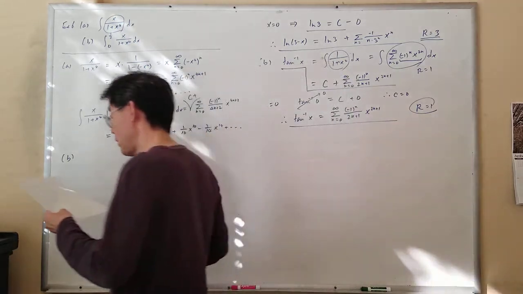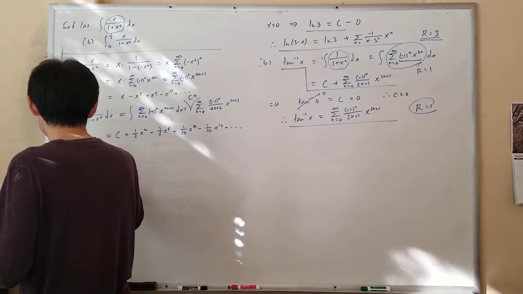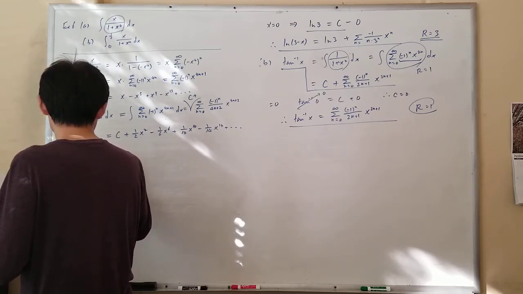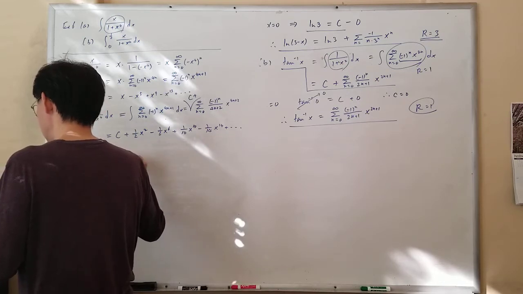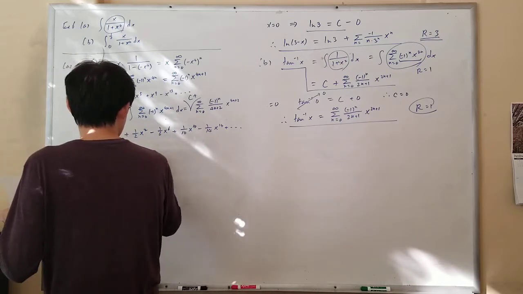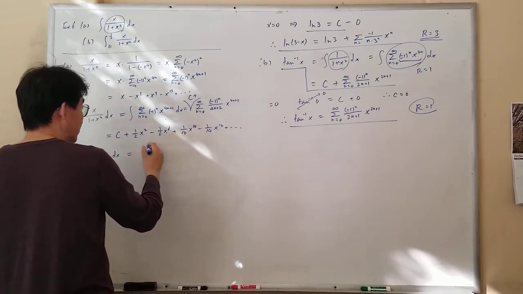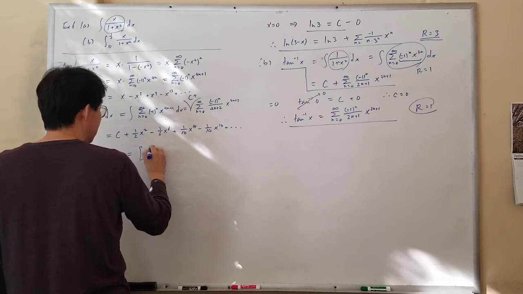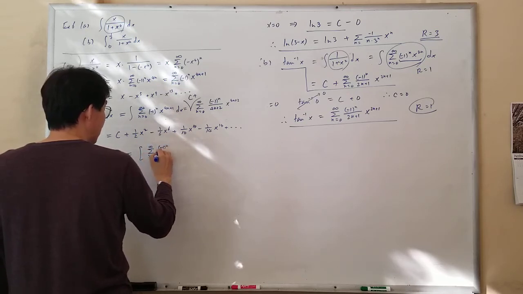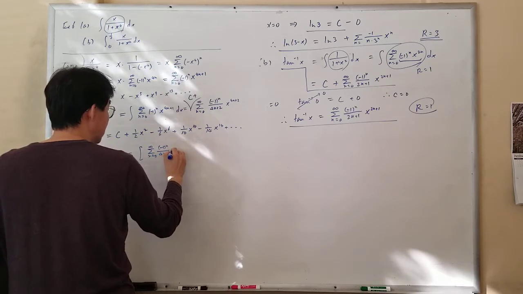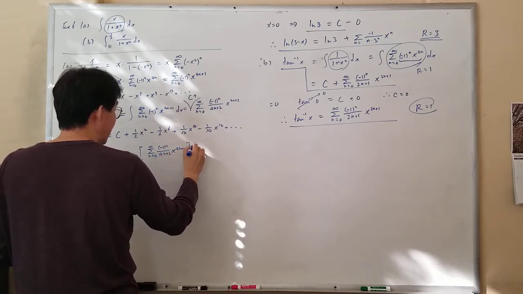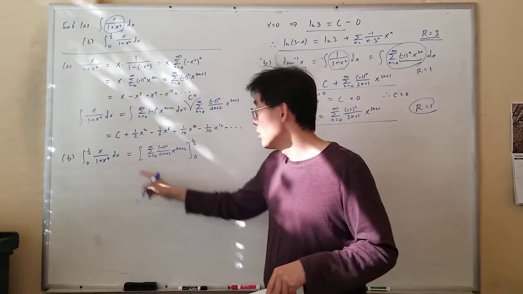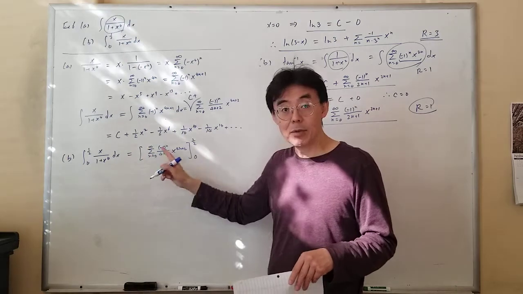Now, if you have the integral from 0 to 1 half, that means this whole expression, plugging in x equals 1 half minus plugging in x equals 0. We don't need the constant because that will be cancelled anyway.